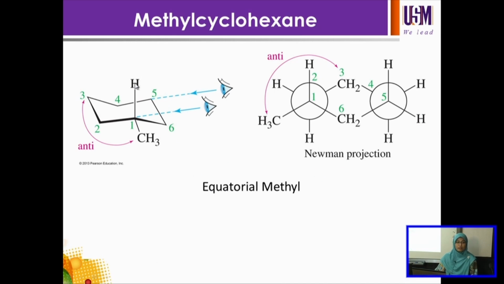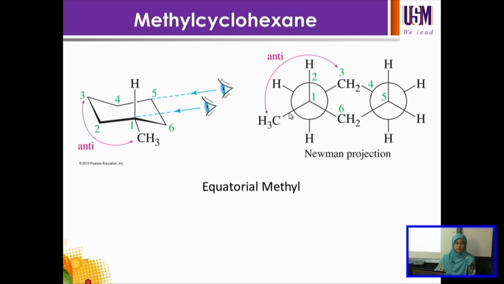But if the methyl group is in equatorial position, looking down carbon number 1 to 2 and carbon number 4 to 5, you will see that the methyl group is in anti position with carbon number 3.